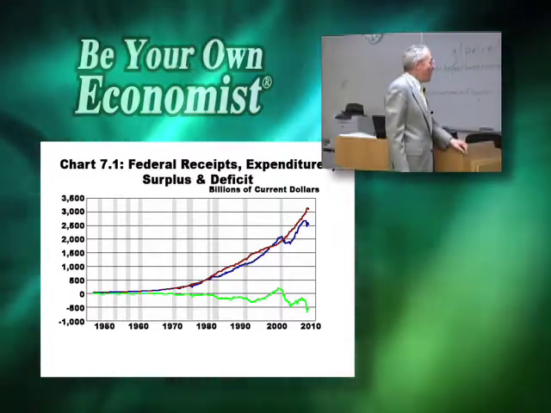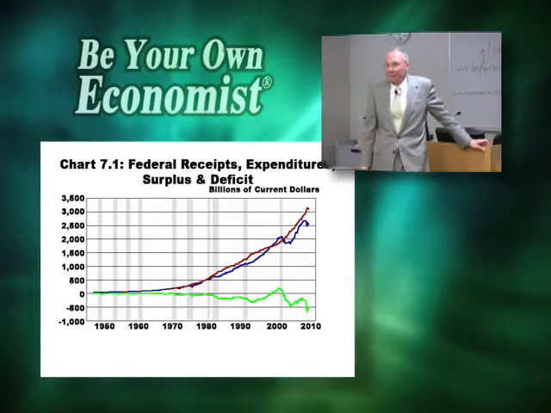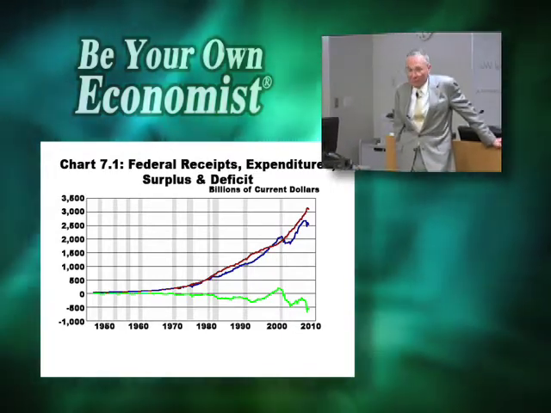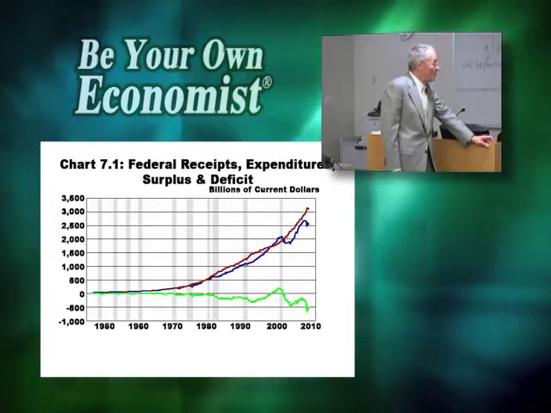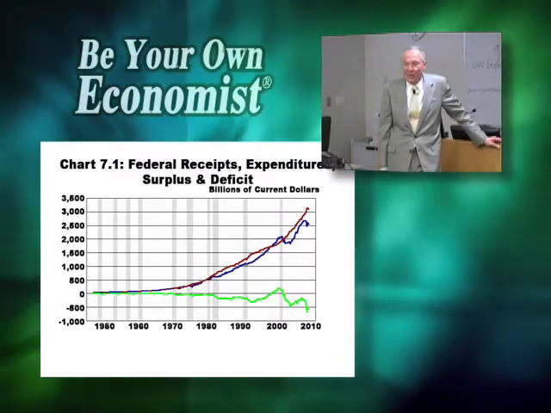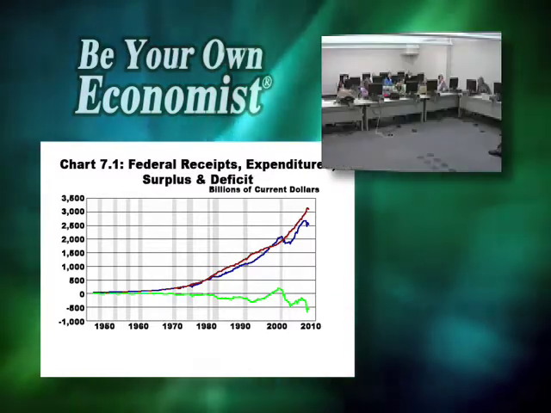So anytime the blue line is higher than the red line, which means the receipts are greater than the expenditures, like in the year 2000, we're running the S word, surplus.